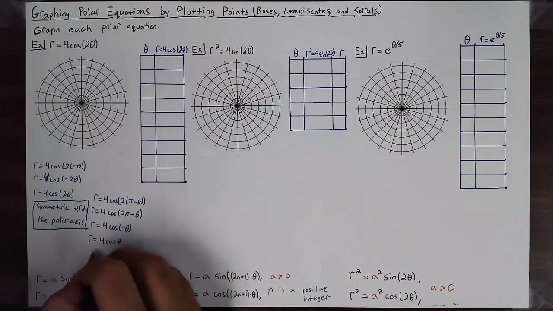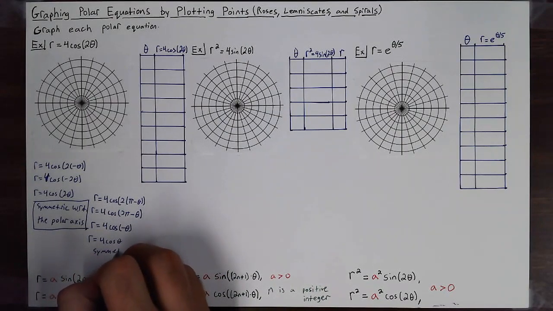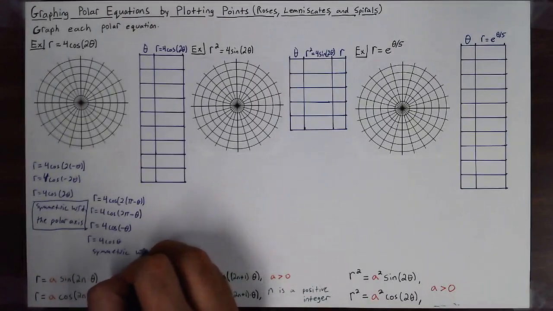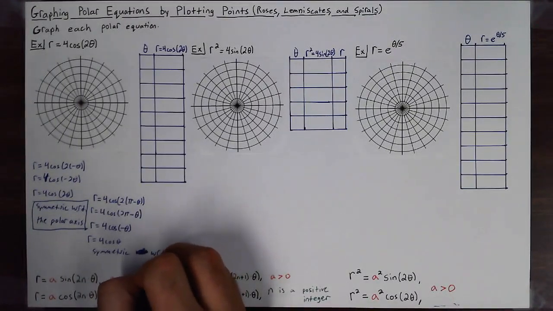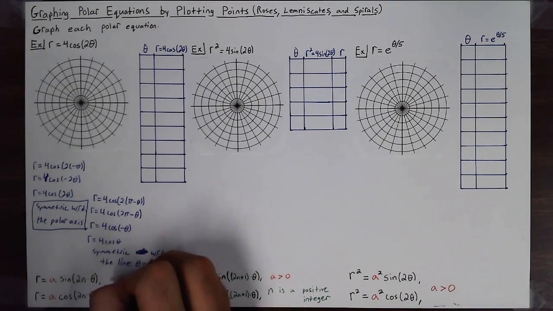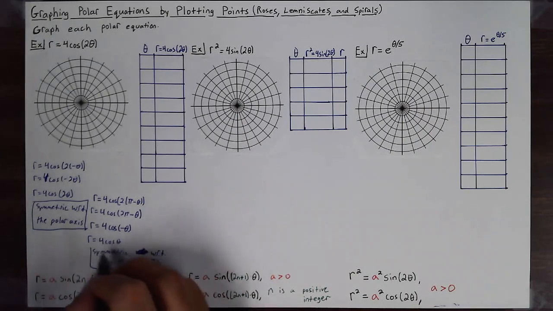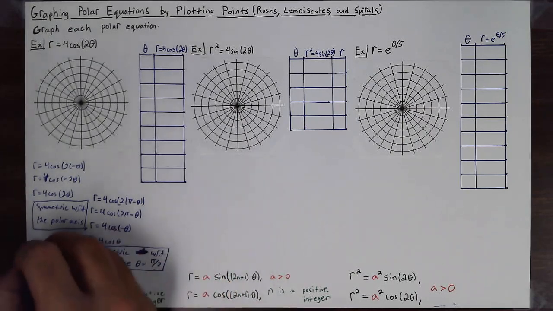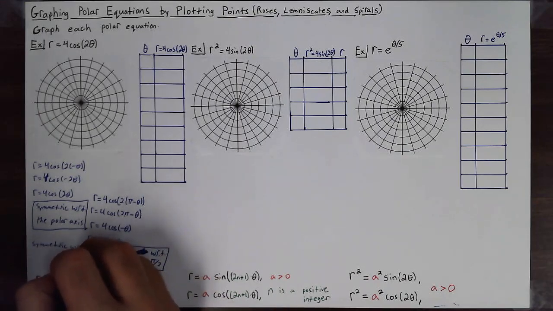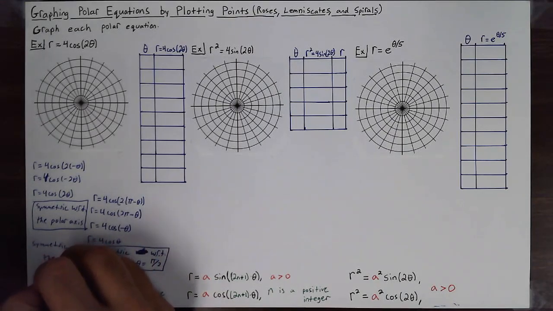So it's also symmetric with respect to the line theta is equal to pi over 2, which means if it's symmetric to both of these, it's going to be symmetric with respect to the origin, or the pole, rather, since I'm in polar coordinates.